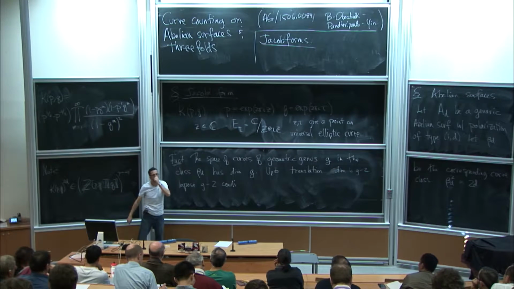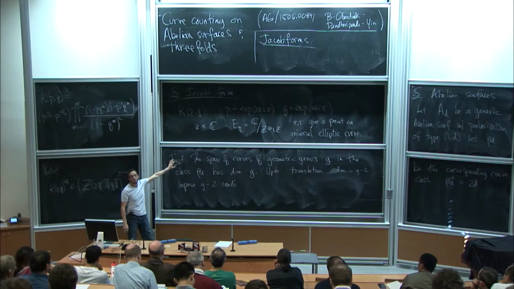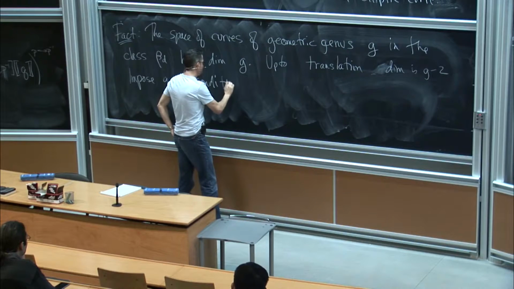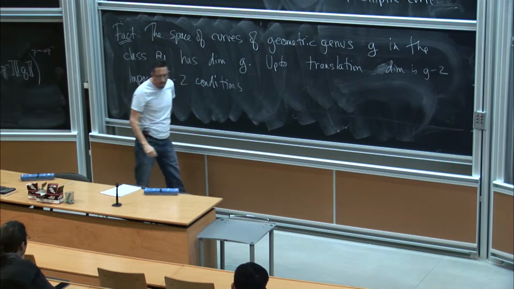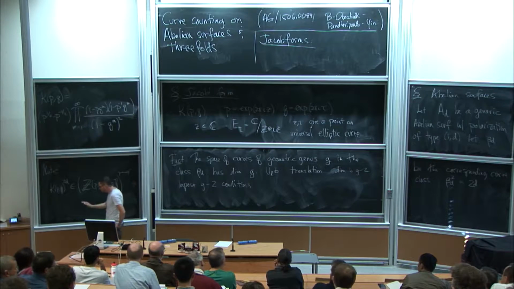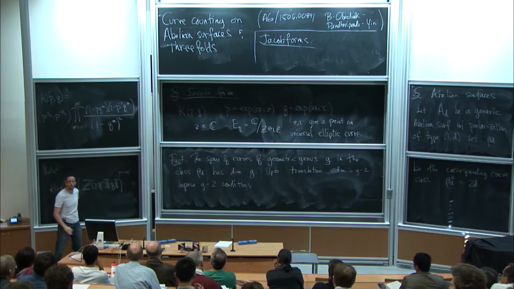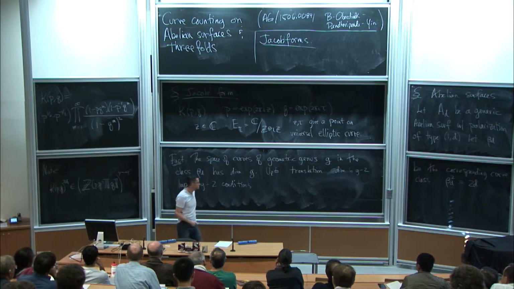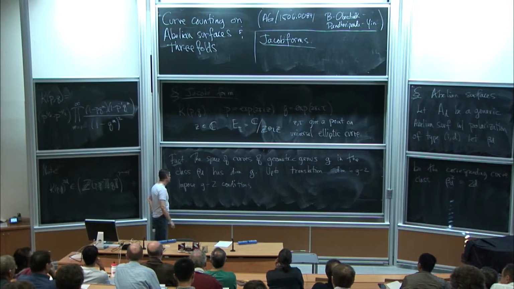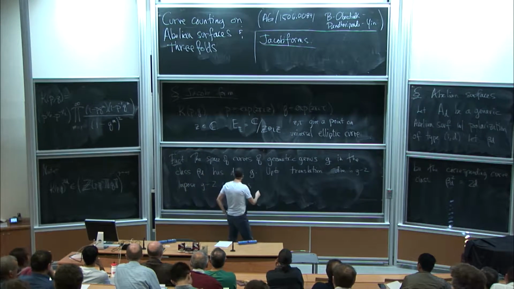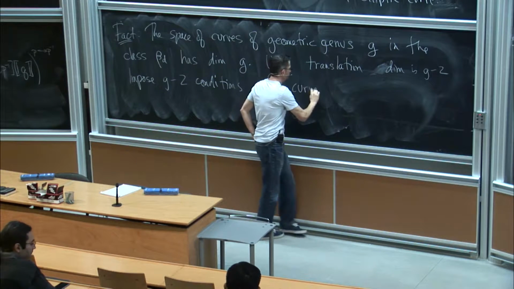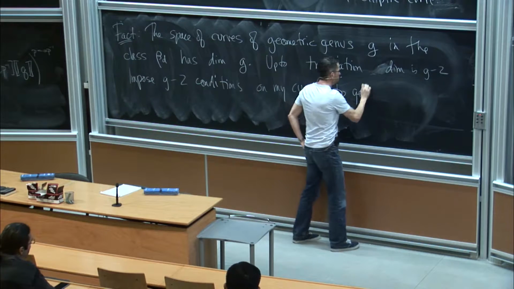It's actually not too hard to see that this is actual dimension here. Yeah, so we're going to see when I do abelian threefolds, my curve counting is going to be a virtual count. For abelian surfaces, I'm going to do an honest count. I'm going to be an honest geometer here. So I want to impose G minus 2 conditions on my curves to get a counting problem.